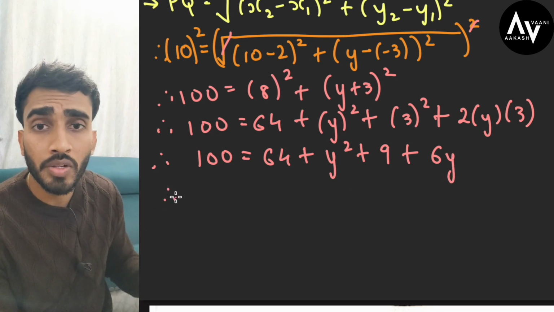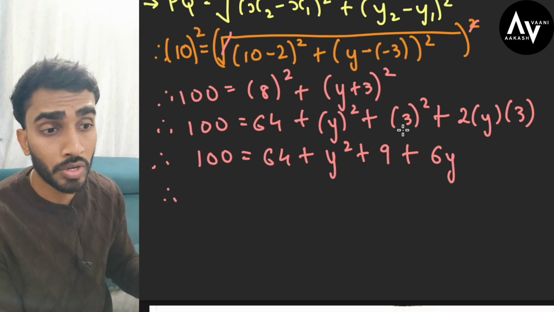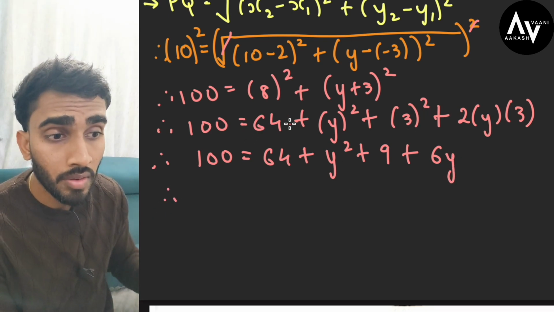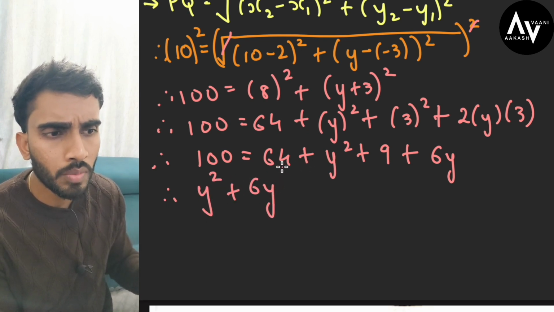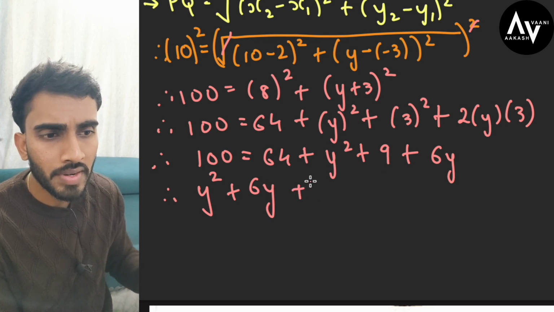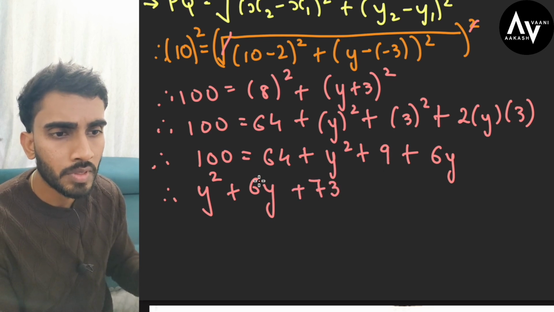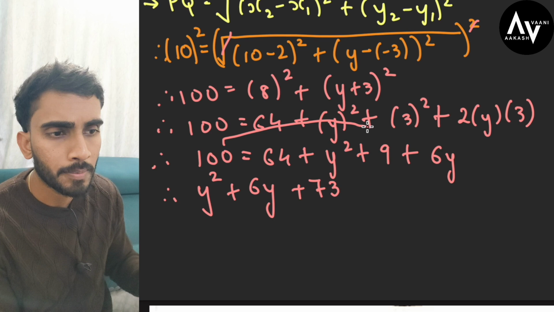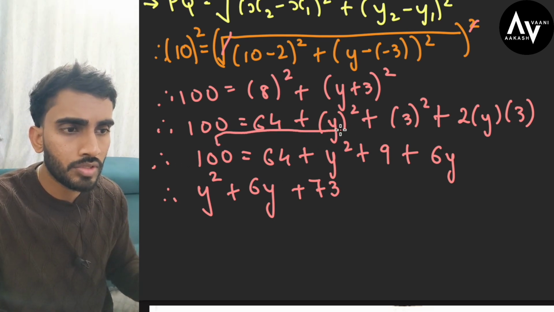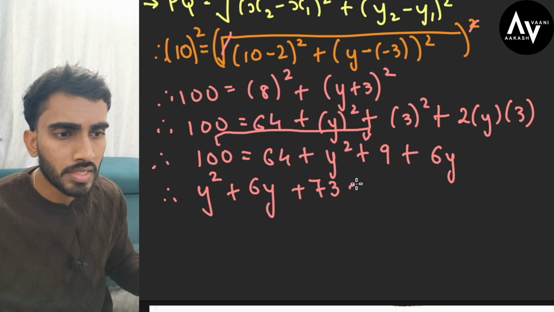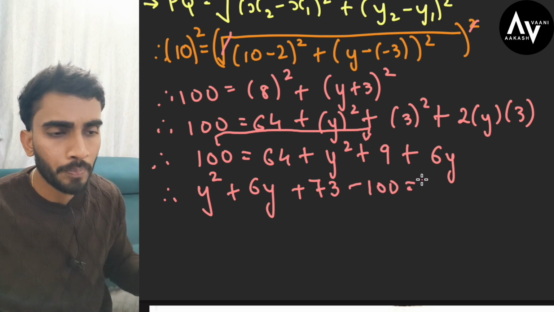Now taking this 100 to the other side and arranging the terms according to the decreasing order of power, first we will have y square, then 6y, and here 64 plus 9 gives us 73, and 100, which is coming on the right side, will change its sign. So minus 100 equals 0.